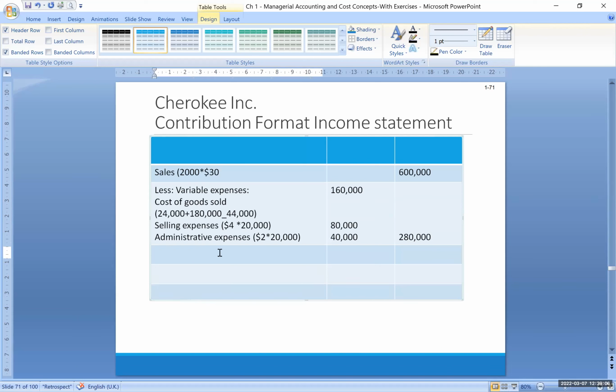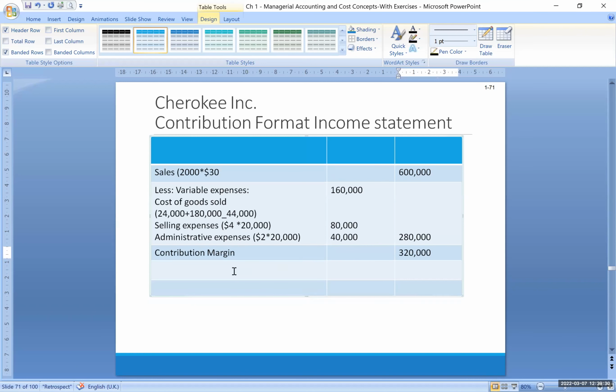The difference between the sales revenue and all variable expenses we call the contribution margin. This equals the difference between 600 and 280, and the answer is $320,000.